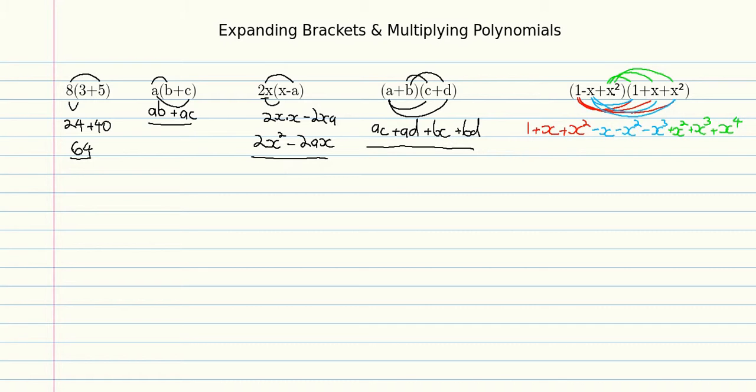Now, if you lost me on the x squared times x squared, you may have to revisit some tutorials regarding multiplying of powers. But basically, the theory is that x squared equals x times x.